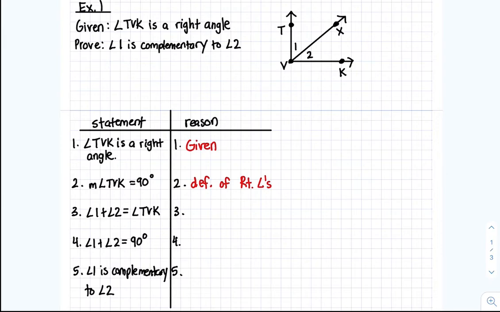Okay, next, so now we have to try to think, right? How do we get from step 2 to step 3? In step 3 it says angle 1 plus angle 2 is equal to angle TVK. Here's angle TVK, right? So how come we can say this angle plus that angle is the whole thing? Look at your notes from above.